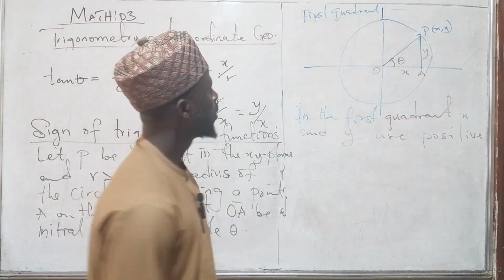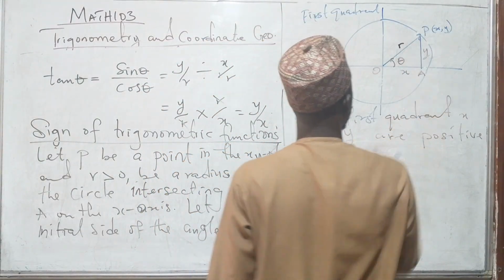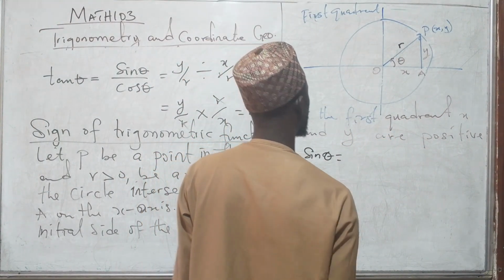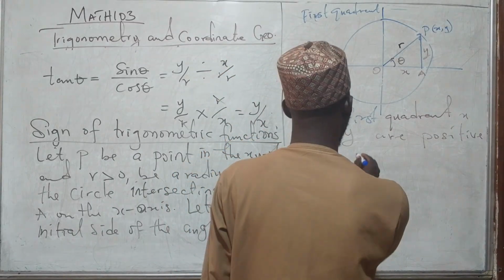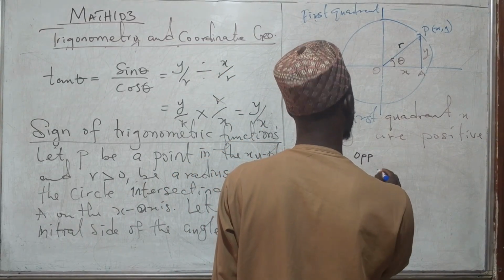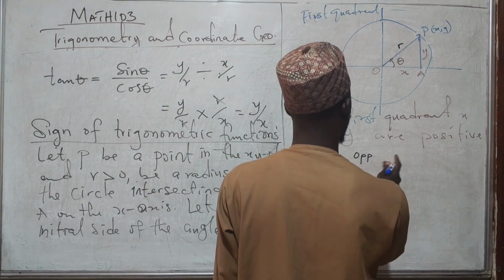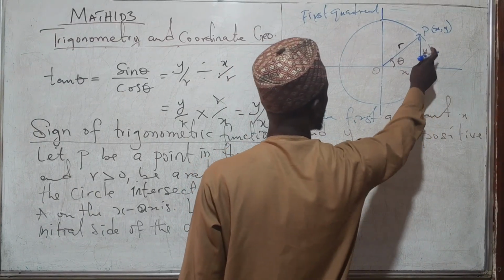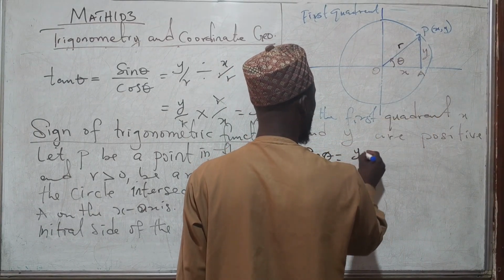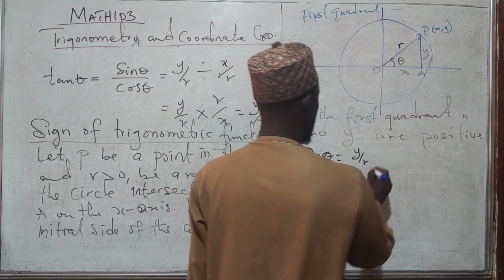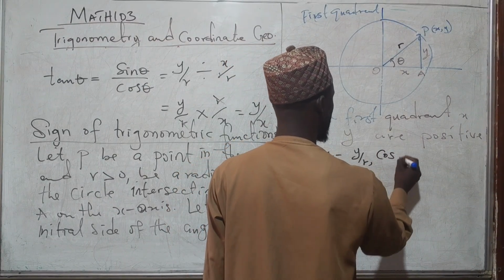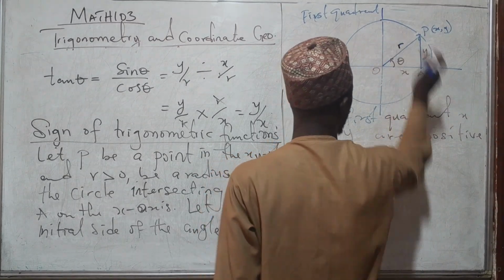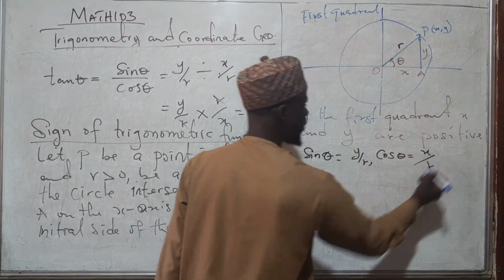So here we see that sine theta is opposite over hypotenuse, that is y over r. Cos theta is adjacent over hypotenuse, that is x over r.